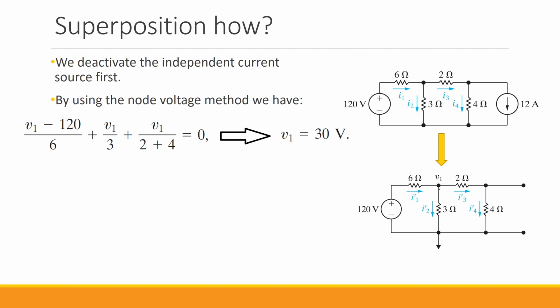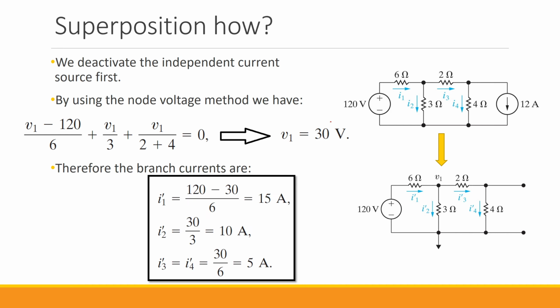We have V1 minus 120, the current that goes through the 6 ohm, plus V1 over 3, plus V1 over 2 plus 4. So the first one was V1 minus 120 over 6, which gives us V1 to be 30 volts. And then based on that, we were able to easily calculate the individual currents I1 prime through I4 prime.